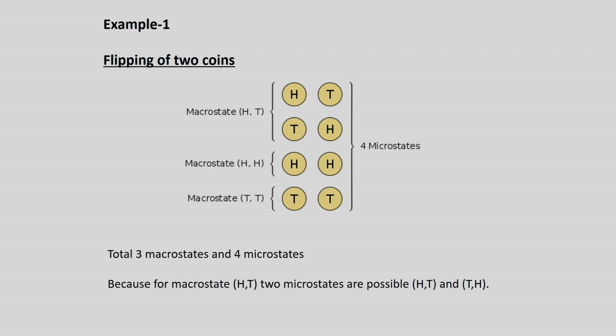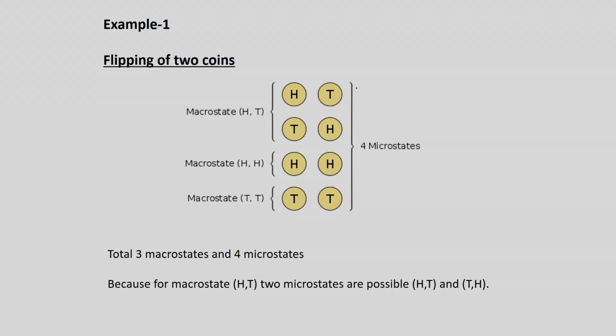Suppose we are flipping 2 coins. One possibility is that the first coin comes up heads and the second coin comes up tails. This is the first occurrence. Then the next occurrence is that the first coin gives tails and the second coin gives heads.